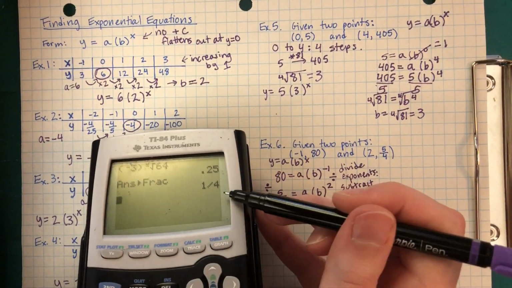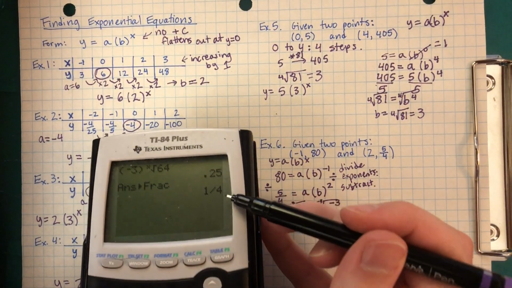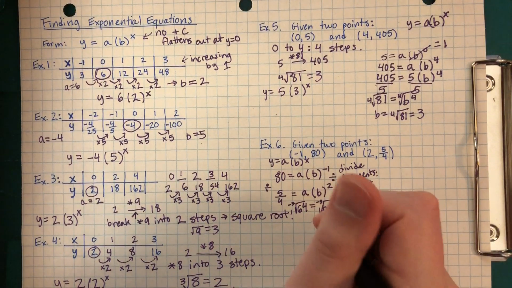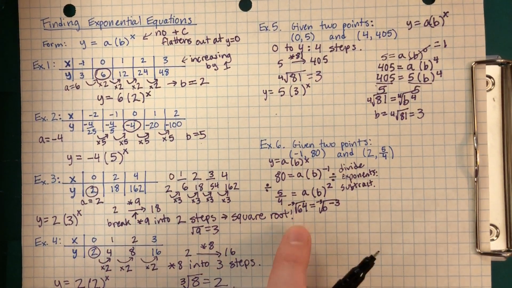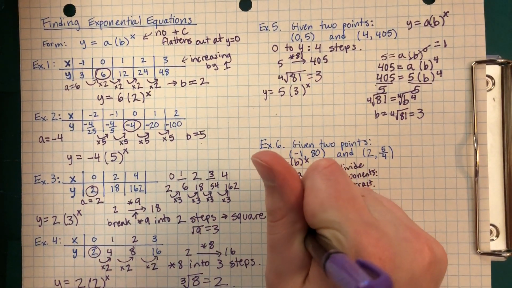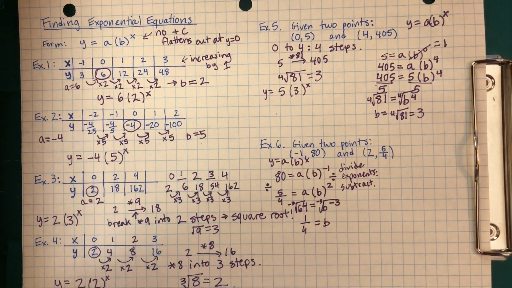And then if I turn that into a fraction, I get 1/4. So the negative 3 root of 64 is 1/4 equals b. Okay, we found b. Now, just like we did near the beginning of the year when we do a system of equations, we need to take that value that we found for one variable and put it back in to find the a.